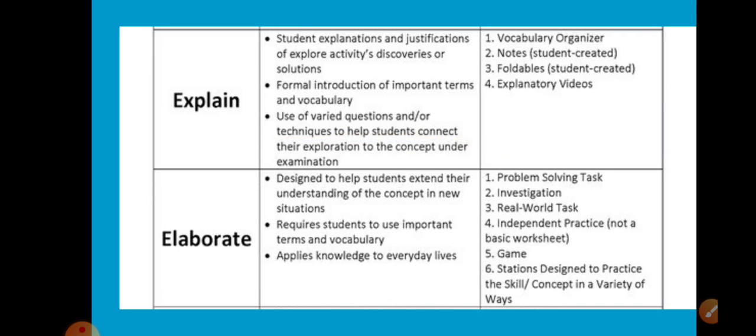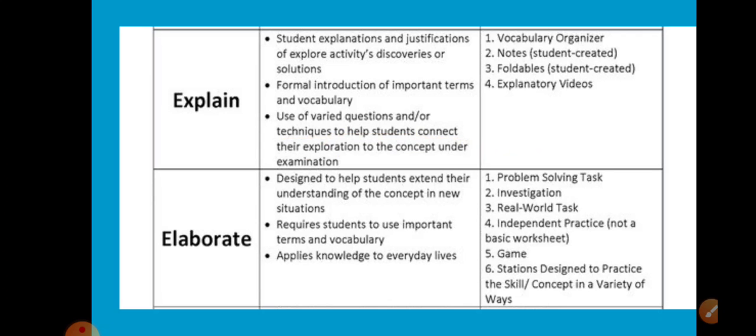Let's proceed to explain. So here in explain, of course, student explanations and justifications of explore activity discoveries or solutions. So explain is somehow connected to your activity in explore. Yes, because here in explain, they will explain what they have investigated under your activity in explore.